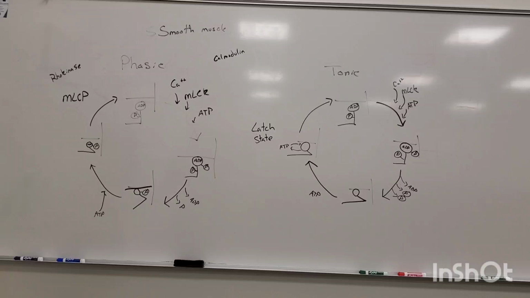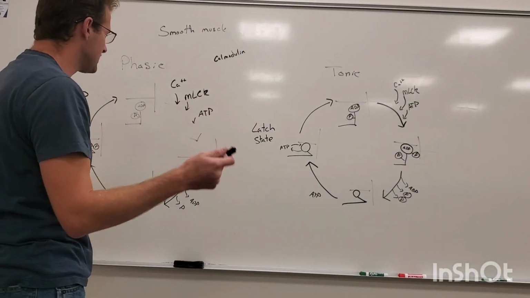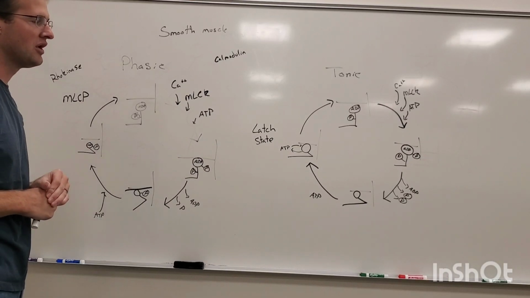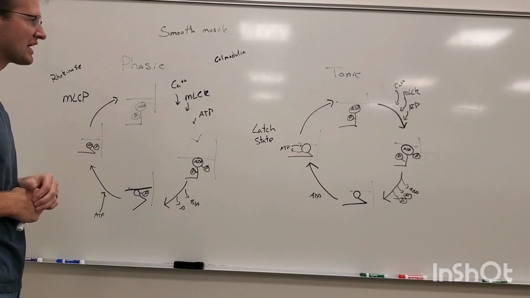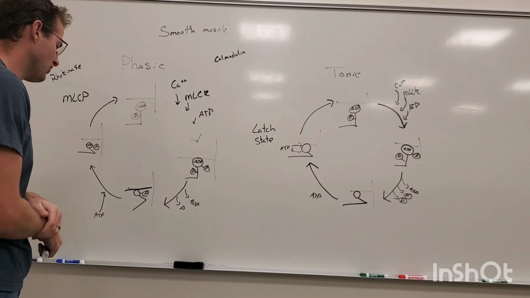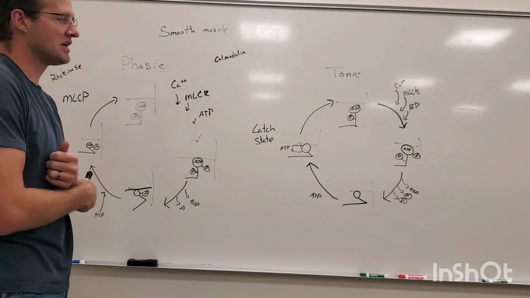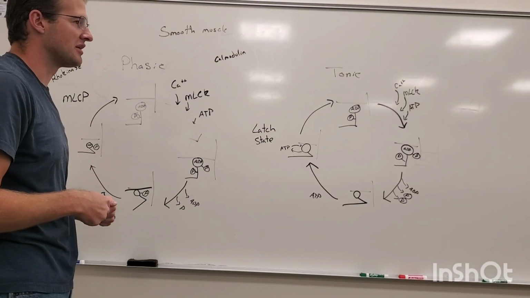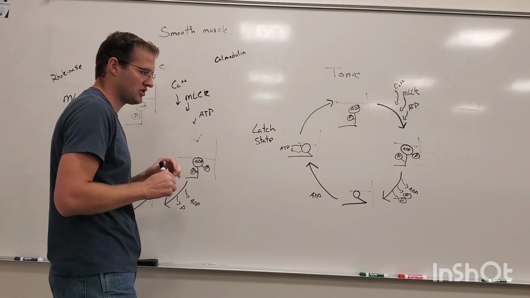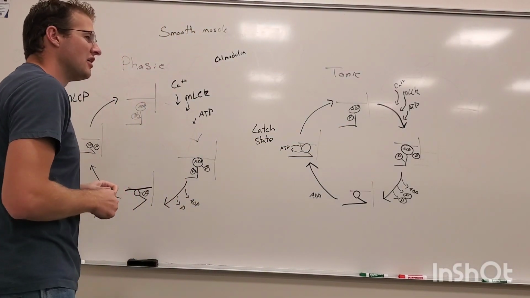Okay, I've drawn two cycles. You'll remember the skeletal cycle we just did, and then this is for smooth muscle. There are two different types of smooth muscle contractions. There are two different types of smooth muscle as well, multi-unit and single unit. Single unit is connected via gap junctions, so it's going to send an action potential and it's going to be a wave motion.